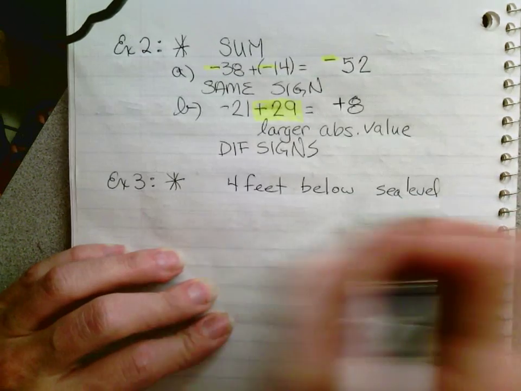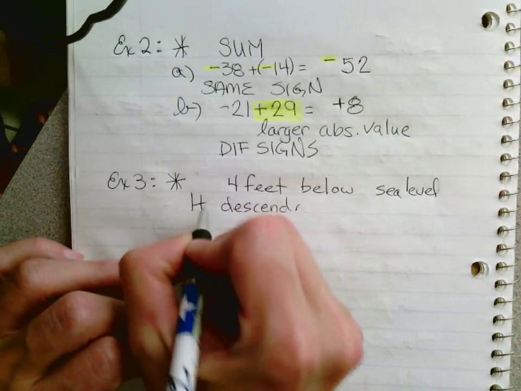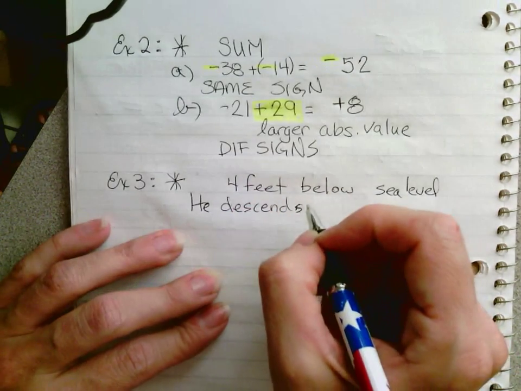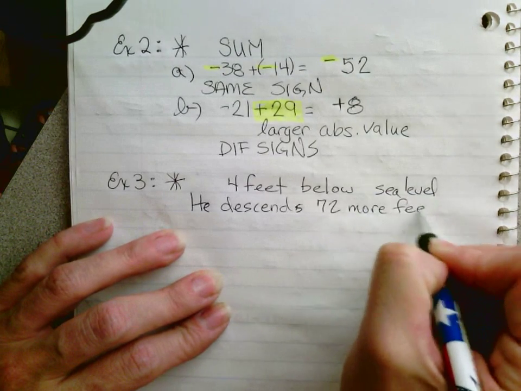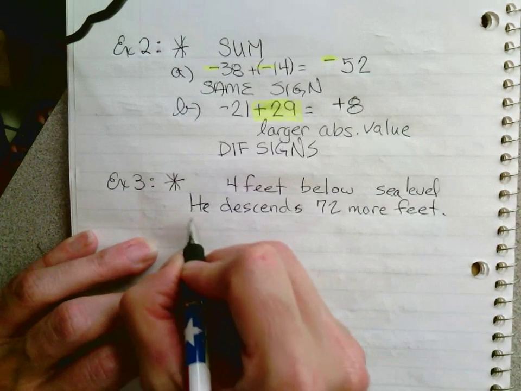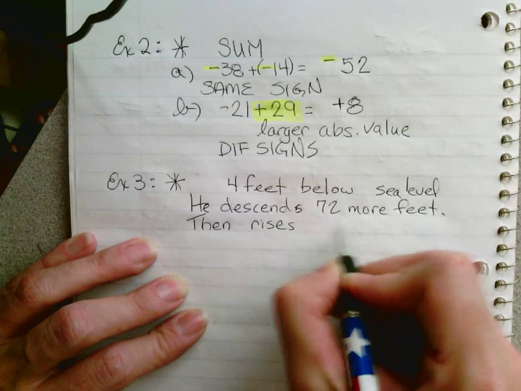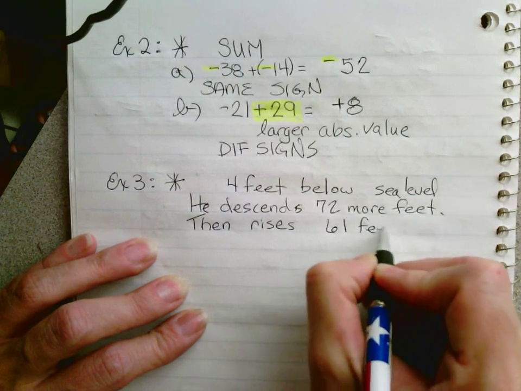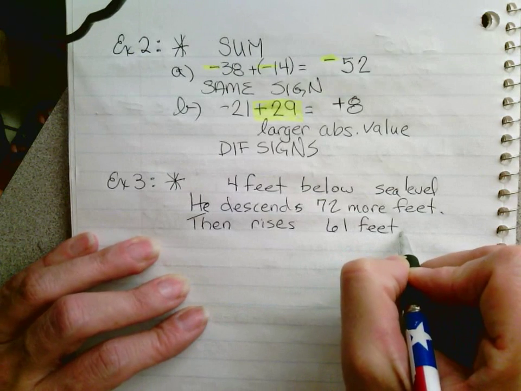From that depth, he descends 72 more feet. And I'm going to draw this for you so you can see it a little better. Hangs out down there for a while, then rises 61 feet. There he rests.